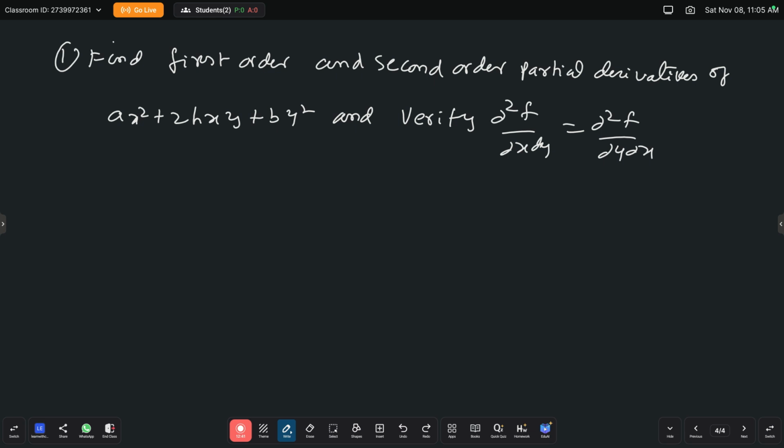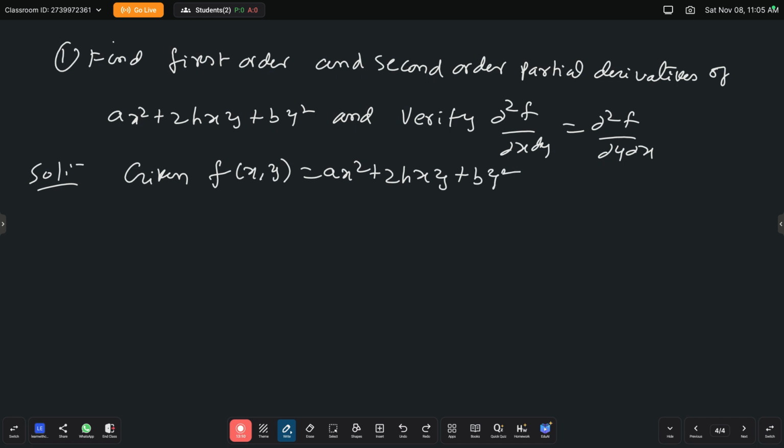So now the given function, this is the first order, second order partial derivative, and also verify the second order derivative ∂²f/∂x∂y equals ∂²f/∂y∂x. Now the given function has two variables: f(x, y) is equal to ax² + 2hxy + by².